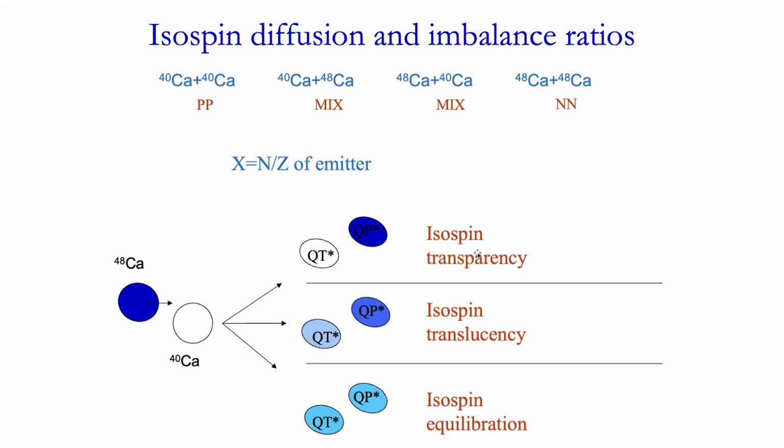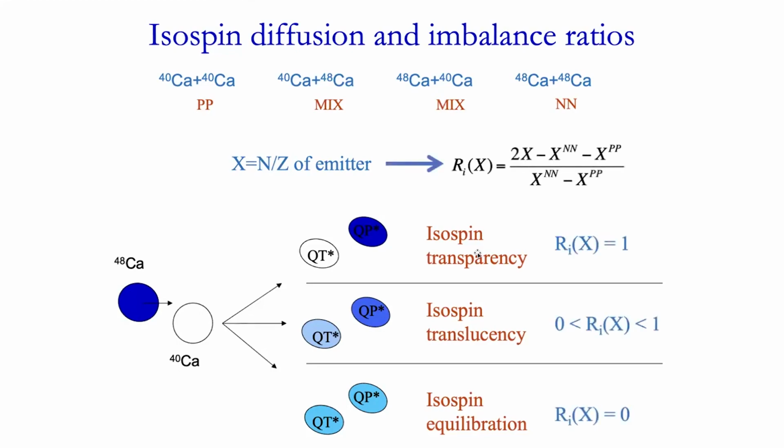But we want to measure the N over Z of this guy. As I said before, with a magnetic spectrometer, you can do this very well. And you construct this quantity. Now, just avoid the details, but it's very simple if you do the algebra here. If you measure this quantity in the neutron-rich collision here, this quantity in the proton-rich collision, and in the mixed region, which is this X here, and you calculate from here, you will observe that this ratio R is equal to 1 when you have transparency, when the 2 guys do not exchange, almost, they don't do anything.